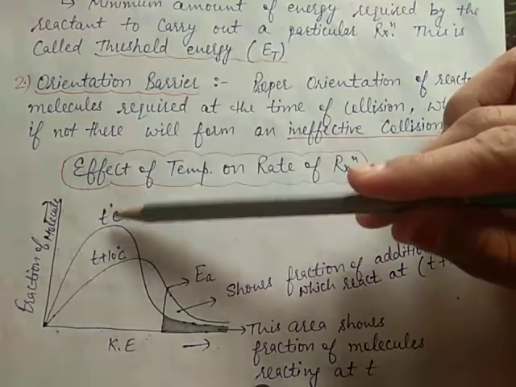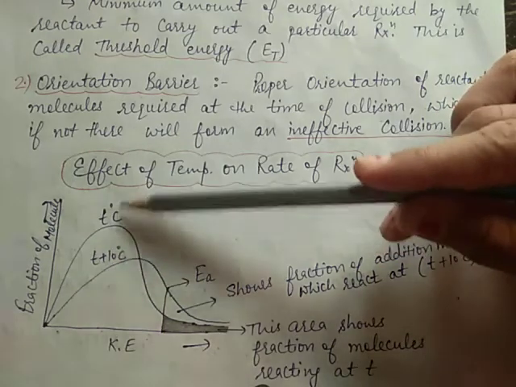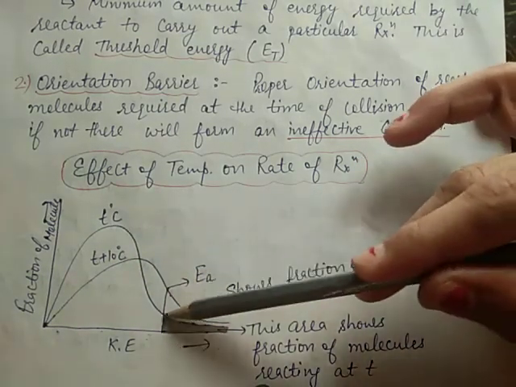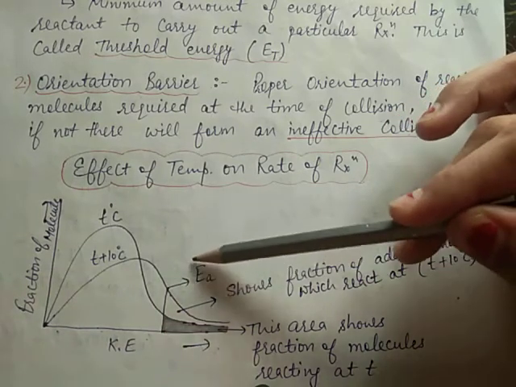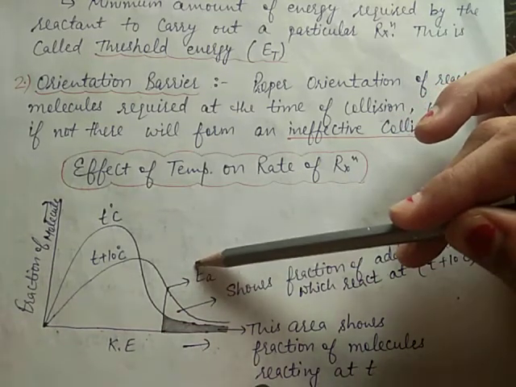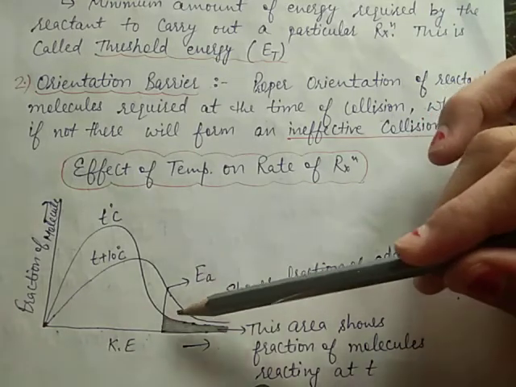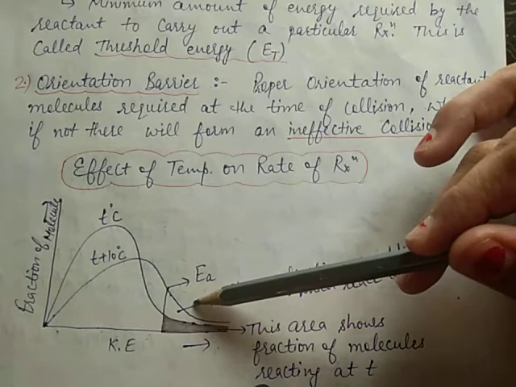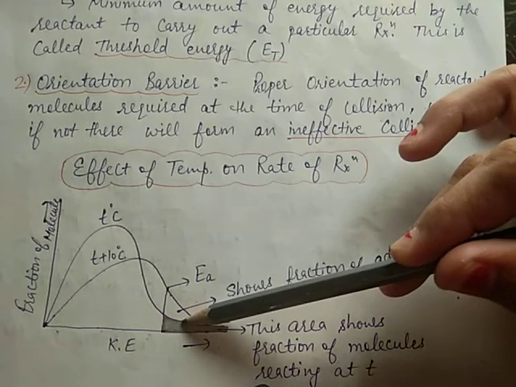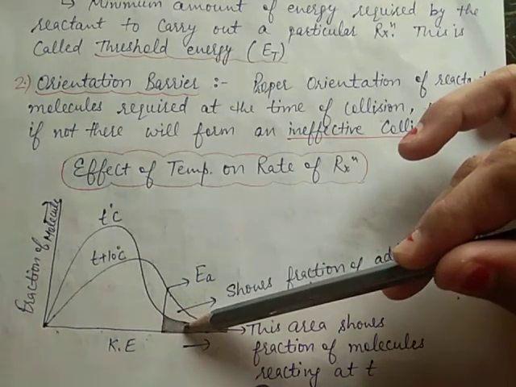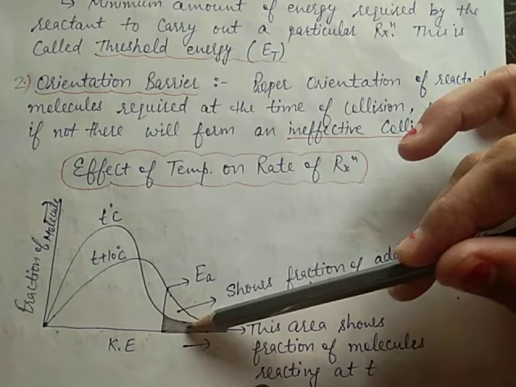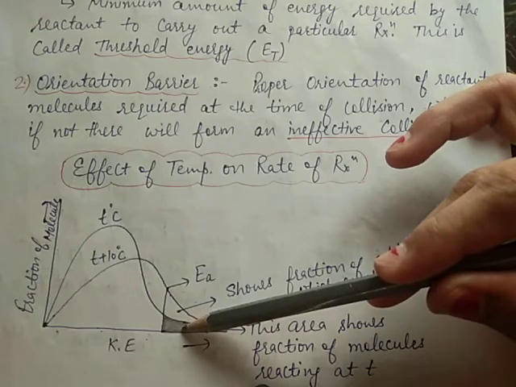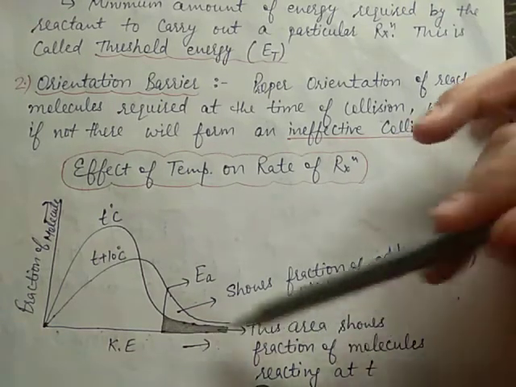So T degrees Celsius and T plus 10 degrees are the temperatures. This is the activation energy required by the molecules, and this is the area which shows the fraction of additional molecules, and this area shows the fraction of molecules reacting at temperature T.